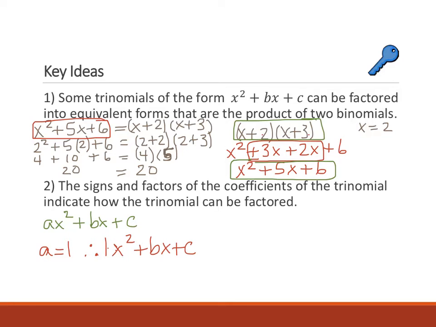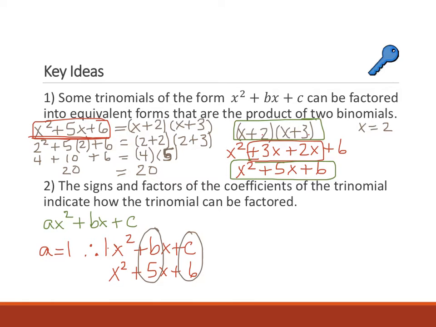Now, in the original problem that I gave you in key idea number 1, x squared plus 5x plus 6, which is circled in red here, notice that the sign of b, which is 5, and the sign of c, which is 6, are both positive. Because if I consider x squared plus 5x plus 6, then b has a value of positive 5, and c has a value of positive 6.